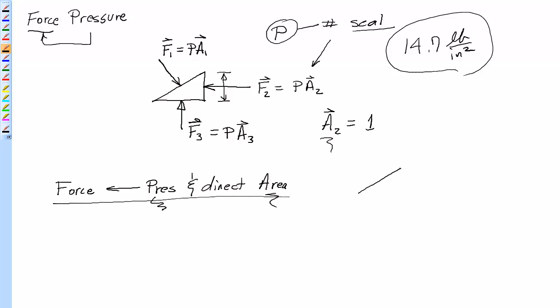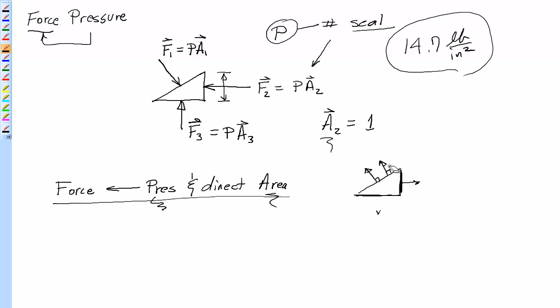Let's redraw our doorstop. Now what generally happens in mathematics, and we're going to stick to this, is the area is essentially a vector pointing perpendicular from the surface. Now this happens to be a flat surface here, a flat surface here, and a flat surface here.